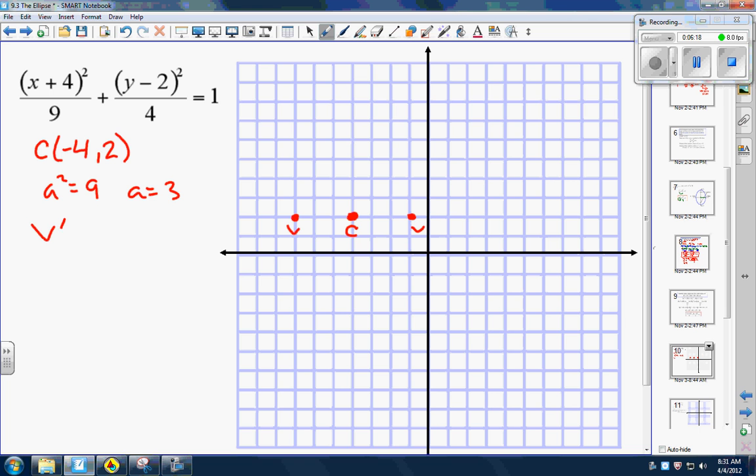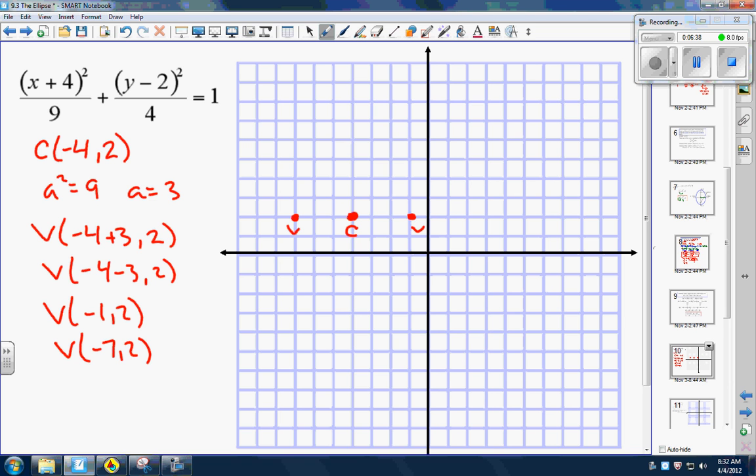So vertices are our center of -4 plus 3, comma 2, and -4 minus 3, comma 2, which gives us the same values as we did on this picture here. So one vertex is -1, 2, and another vertex is -7, 2.